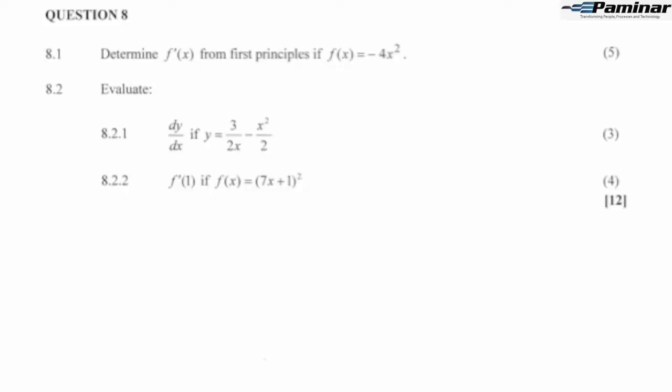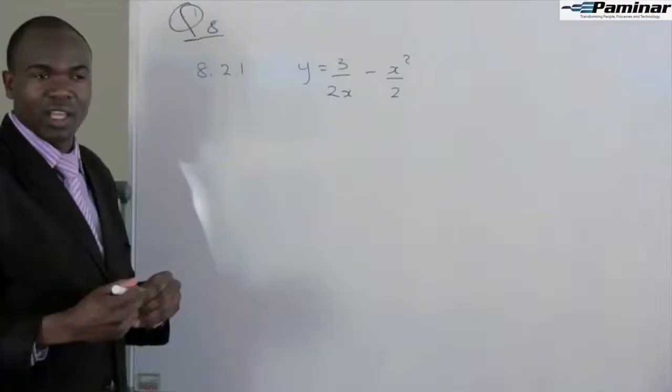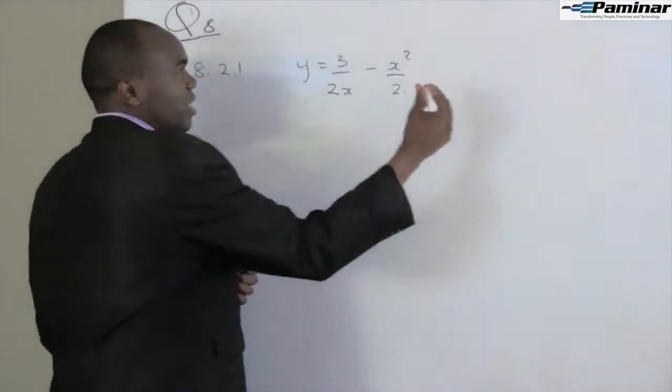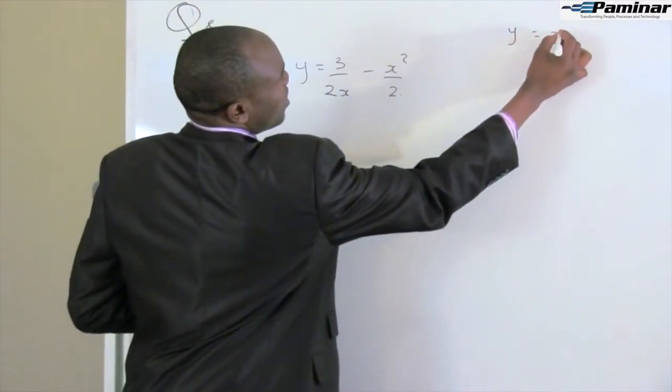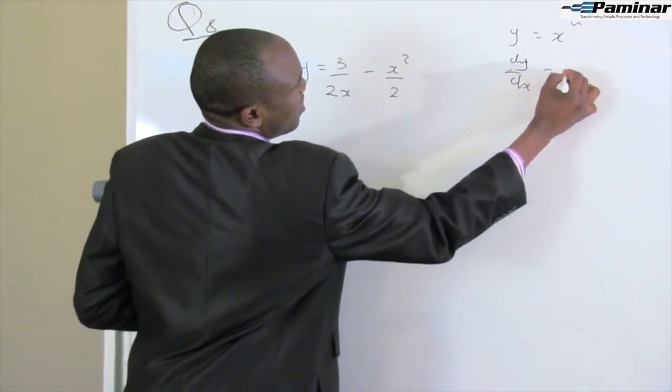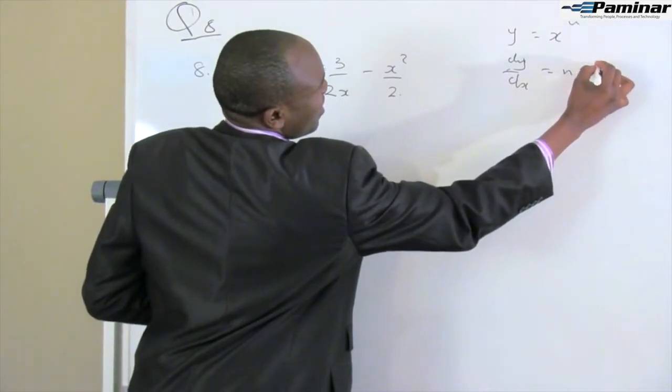8.21. Now it says there, evaluate dy over dx if y is equal to 3 over 2x minus x squared over 2. Now, this is where you use the rules of derivatives. That rule says if y is equal to x to the power n, then dy over dx is equal to n x to the power n minus 1.